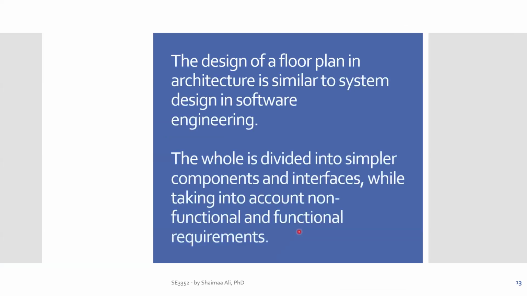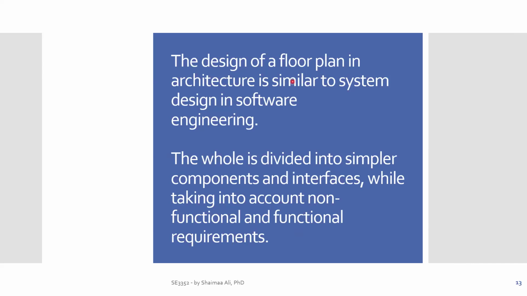We would divide the whole system into smaller components and interfaces between these components. The interface in the house analogy would be like the doors or the entrances, the entrance or the exit between the different rooms.